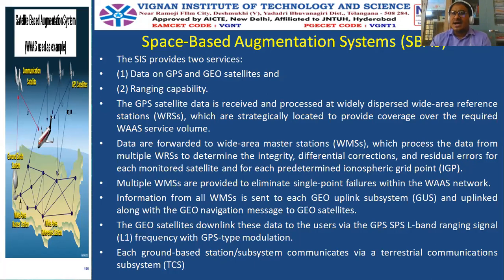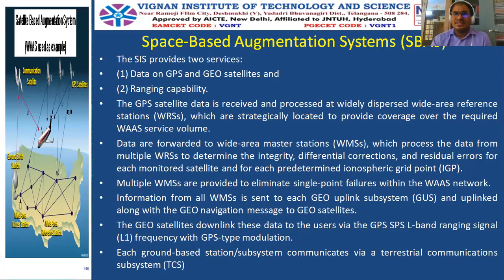These data are forwarded to the wide area master stations, which process the data from multiple wide area reference stations to determine the integrity, differential corrections, and residual errors for each monitored satellite and for each predetermined ionospheric grid point. IGP is ionospheric grid point. How much error is caused by the ionosphere is known by this IGP.